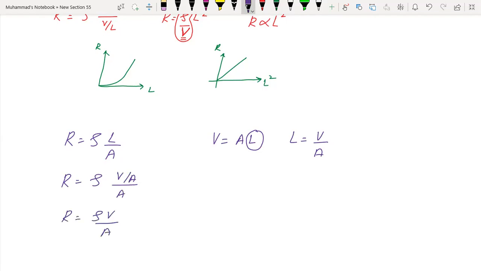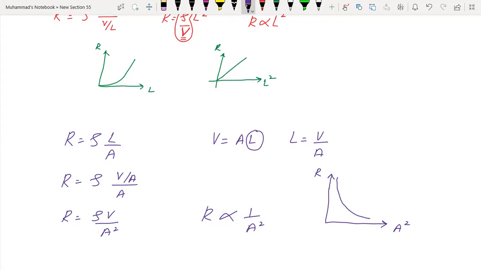This is again a very important relation. So resistance is inversely proportional to A square. If you plot A square versus resistance, then it would be in this way.